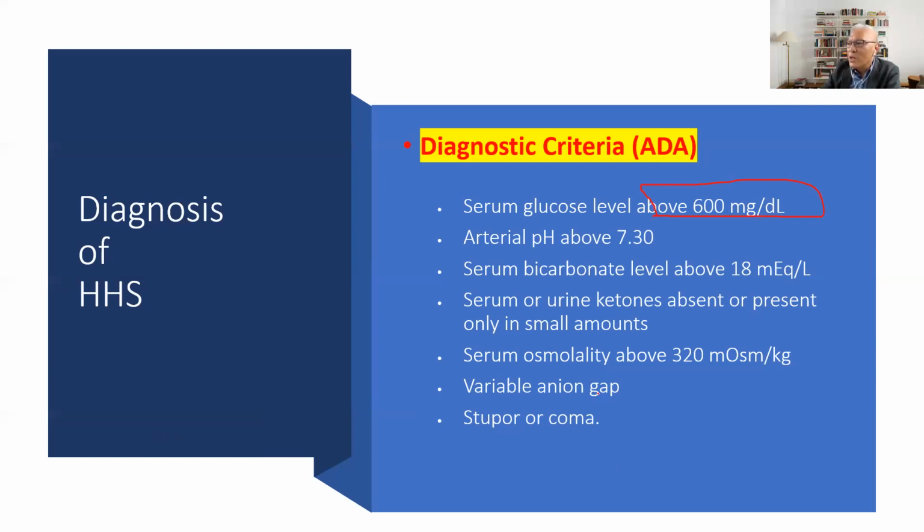So the others are going to be minor, but the most important thing to remember is that the serum glucose has got to be over 600 in order to qualify as HHS.